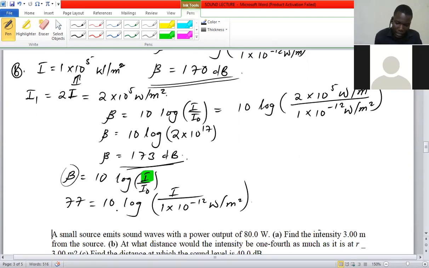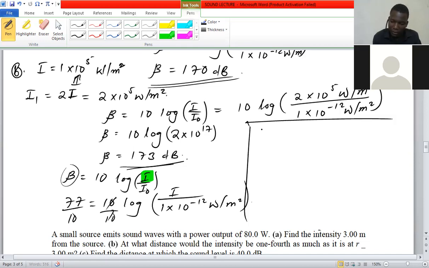We can divide both sides by 10 first, and then we are going to have 7.7 being equal to log of intensity over 10 to the power -12.